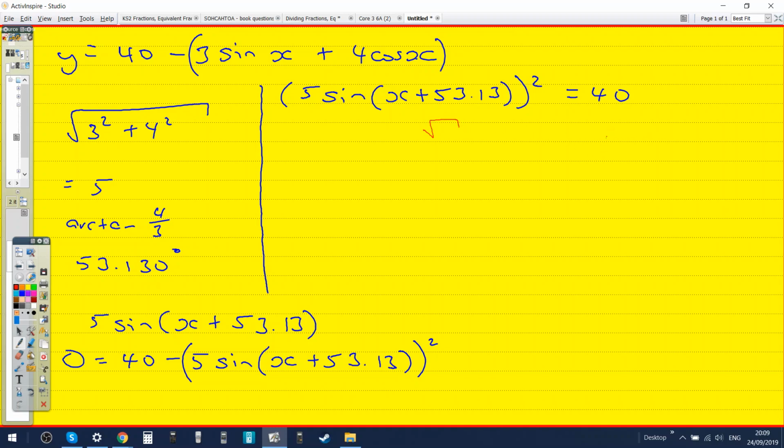So that just becomes 5 sine x plus 53.13 equals 2 root 10. Okay. Divide both sides by 5.